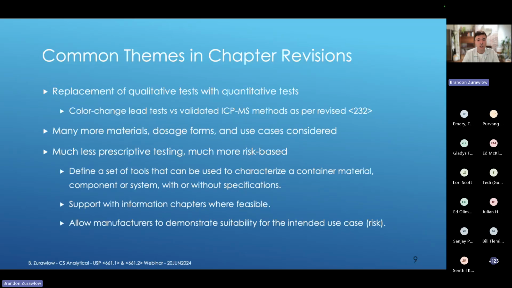So numerous test chapters, 381, 661, for example, have moved away from this color change type test to using validated ICP-MS methods to identify and quantify a range of extractable metals in solution, very much so above and beyond what was historically performed. At the same time, many more materials, dosage forms, and use cases are considered across these chapters.